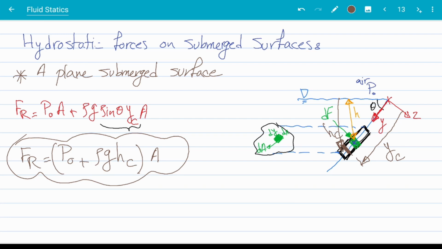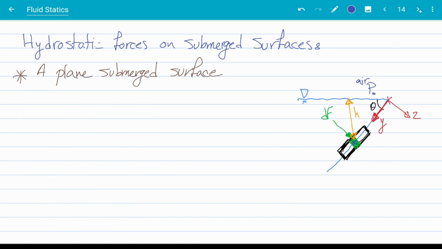The term in the parentheses, P0 plus rho g HC, actually represents the fluid pressure at the centroid of the plate, right? So, Fr, total force, is the pressure at the centroid times area. Now, if you're not comfortable or familiar with the concept of centroids, I would strongly suggest to review your notes from the course Statics.